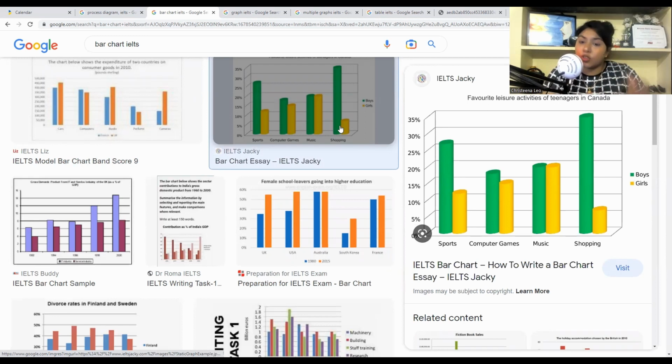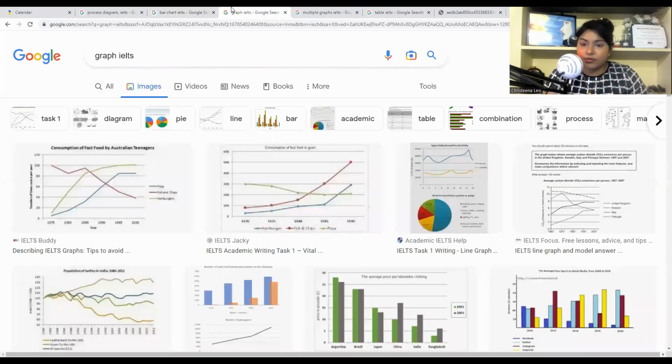So you could group those different items together if possible. So that's this. And then we have the line graph. The line graph is again the same thing. You just need to select and report the important things and the overall trend, and then go into details.